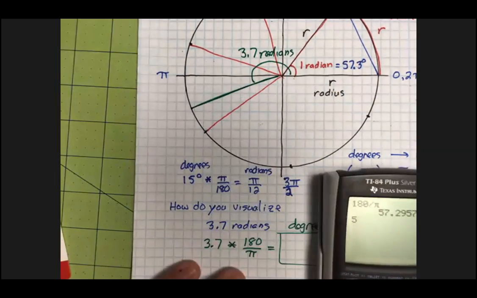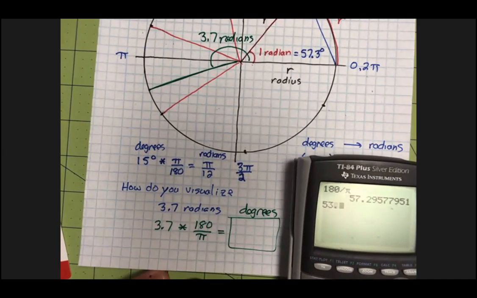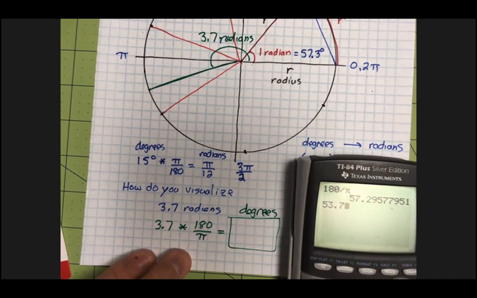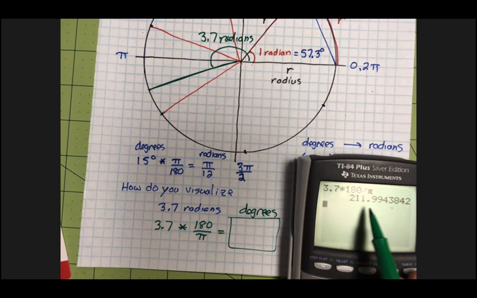I'm going to check this on the calculator. Clear. 3.7 times 180 divided by pi. 211 degrees, nearly 212 degrees.